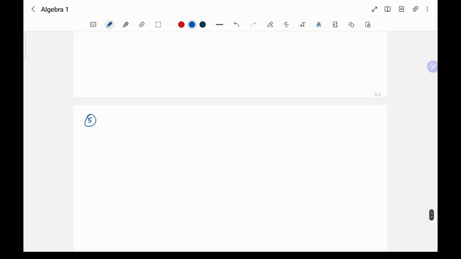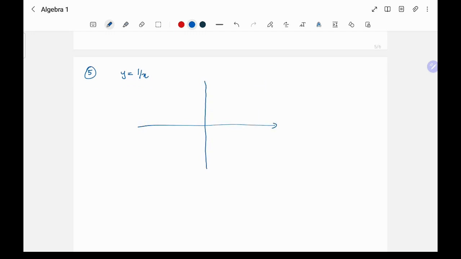So next we'll see y equal to 1 by x. If x is 0, y tends to infinity, and as x increases, y will tend to 0. So it just comes like this and goes to 0. What is this point? When x is equal to 1, y is also equal to 1, because 1 by 1 is 1.